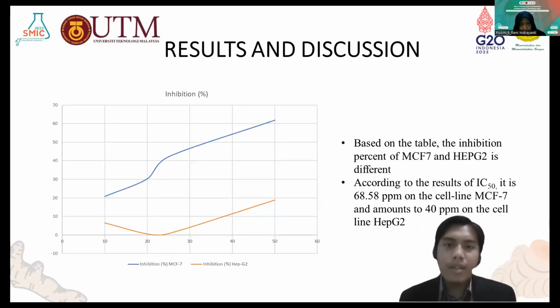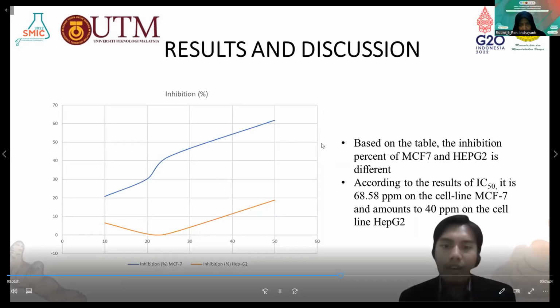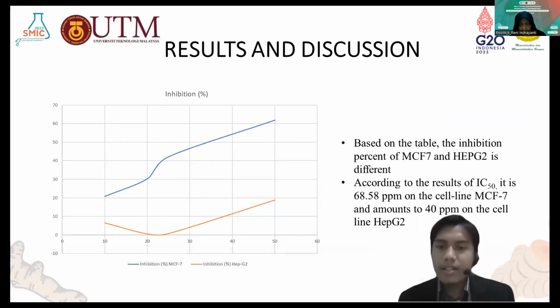Yeah, we can know from this diagram of percent inhibition, according to the result, that for MCF7 at the concentration of 50 ppm it is 61.86% compared to the HepG2, which is only about 18.83%.